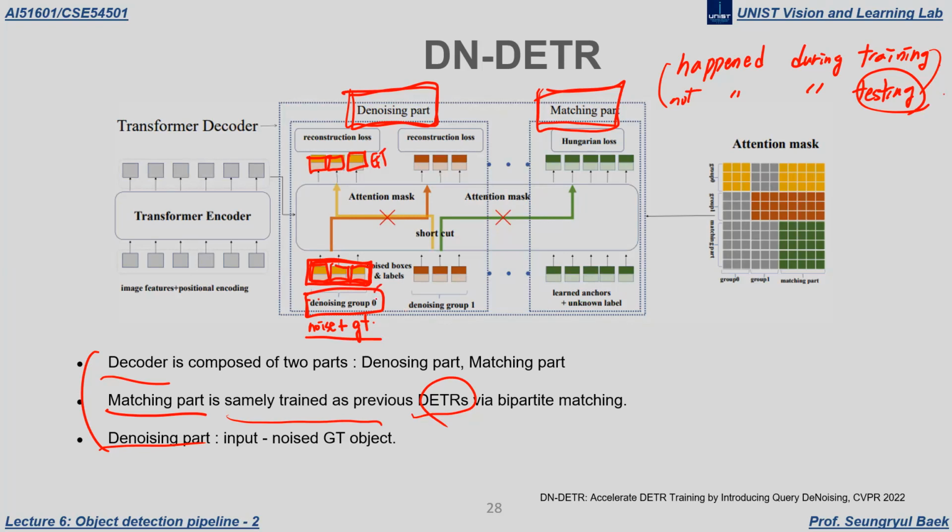There could be multiple sets of noised ground truth, which we call denoising groups: group 0, group 1, and so on. This is the DN-DETR architecture. For the denoising groups, we denoise their noise, and we have multiple denoising groups.